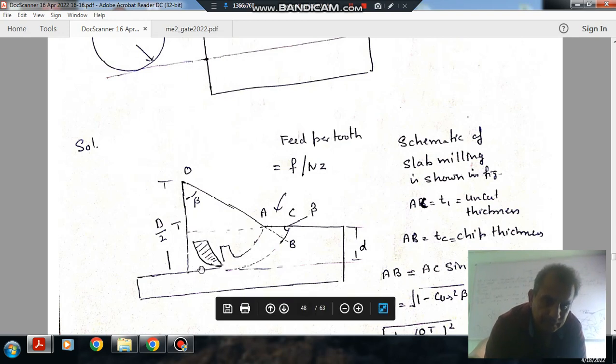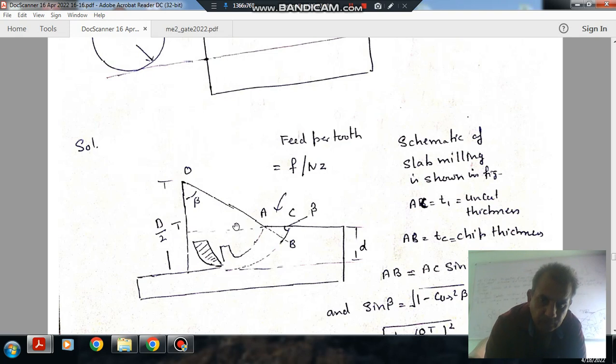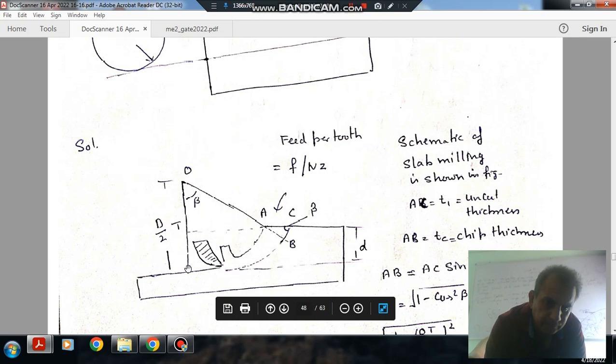Here is the tool, and this is your uncut chip thickness AC. And this is your cut chip thickness, or chip thickness. This radius is D by 2, and it starts from this point and ends at this point.